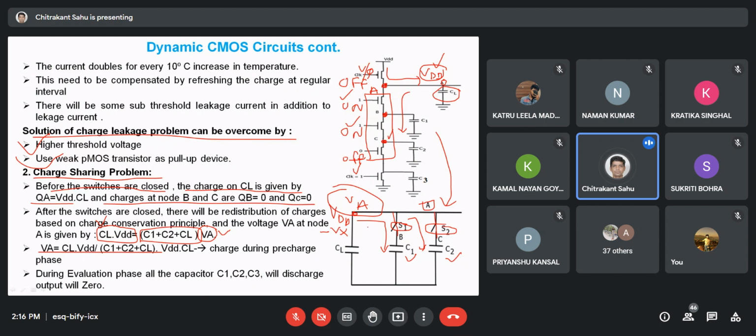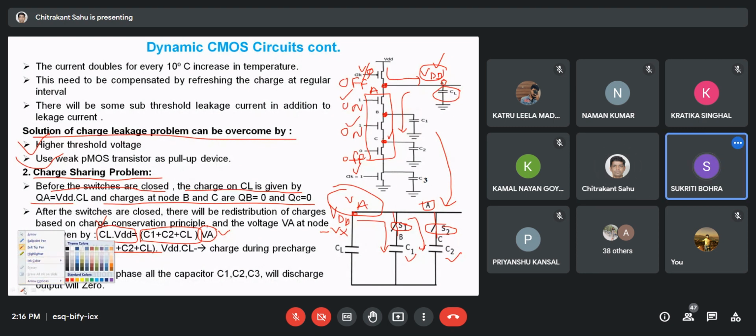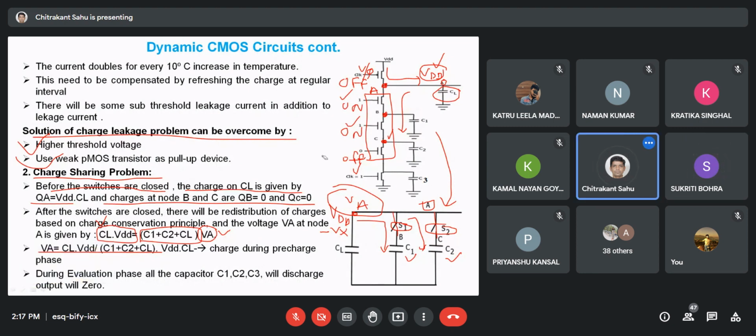This charge sharing problem is applicable only for certain input conditions, not for all input conditions. Let's say the input is 000, will the charge sharing problem arise? No, sir. Right. So at what different input conditions will the charge sharing problem arise? Any idea?